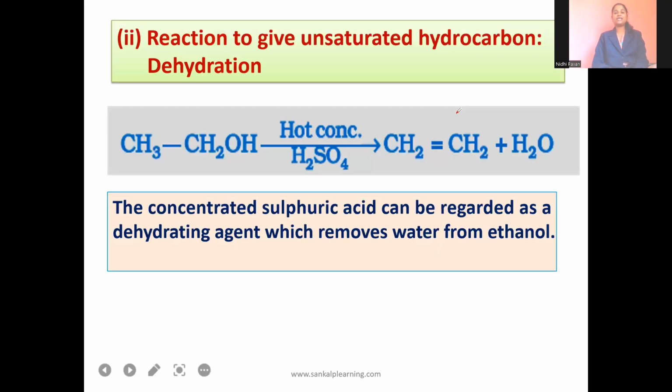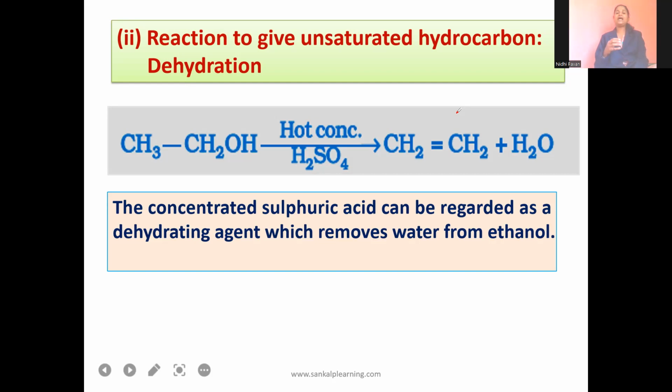Reaction to give unsaturated hydrocarbon. When ethanol is treated in presence of concentrated sulfuric acid: ethanol is a saturated compound, right? When it is treated with concentrated sulfuric acid, it gives the unsaturated hydrocarbon.